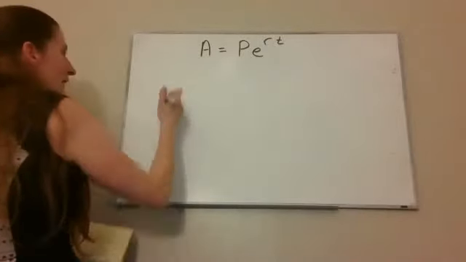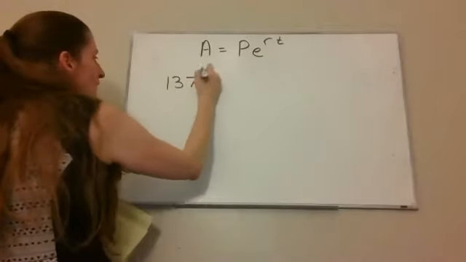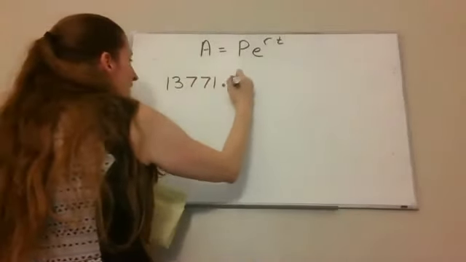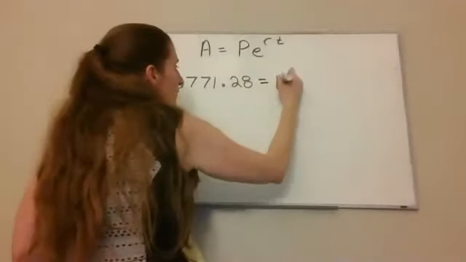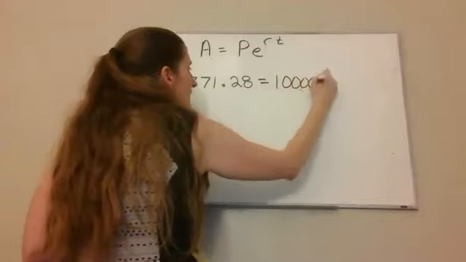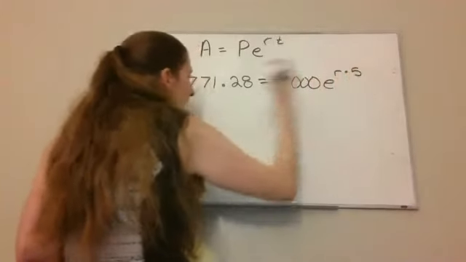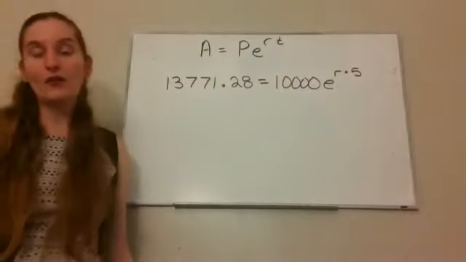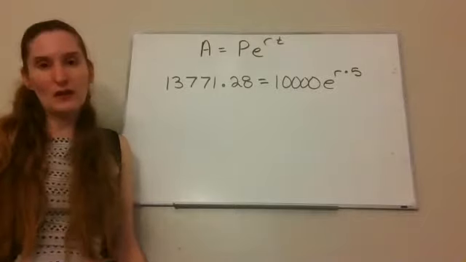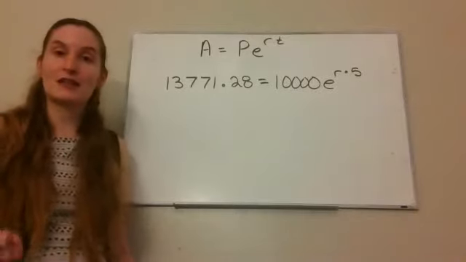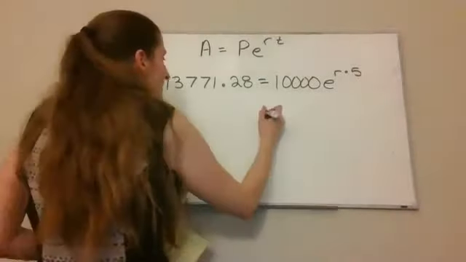So I have my 13,771.28 as A. My P was 10,000. Then I have e to the r times 5. And I want to solve this for my r. This is just an exponential equation, and we know how to solve those. First, we have to get the exponential term by itself. So I need to divide both sides by 10,000.